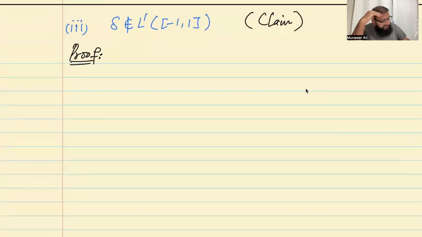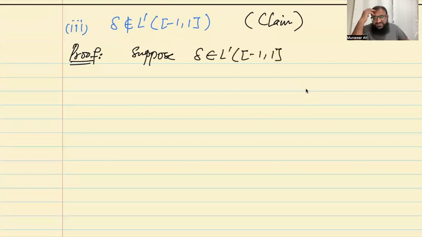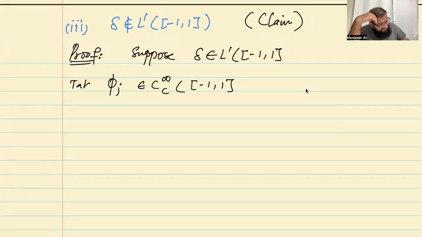My claim is, okay, suppose delta is in L1. This is my supposition, and this will lead me to some sort of contradiction. So I'm taking a sequence of functions phi j that are C infinity with compact support in the set from -1 to 1. I'm defining all these phi j's at 0 to be 1.